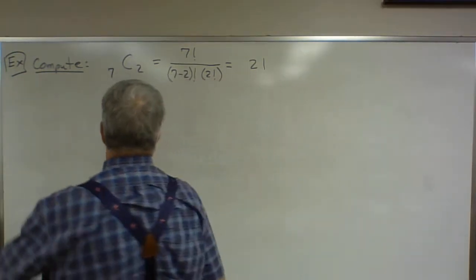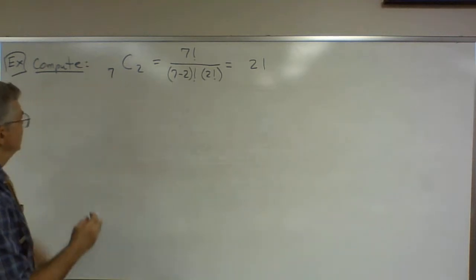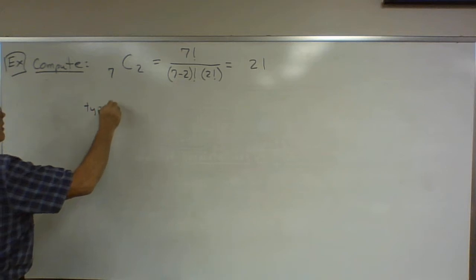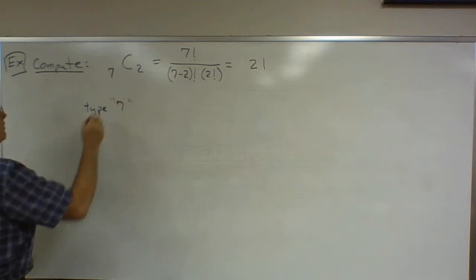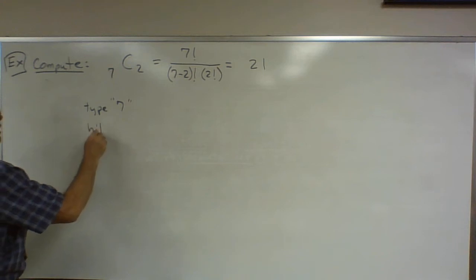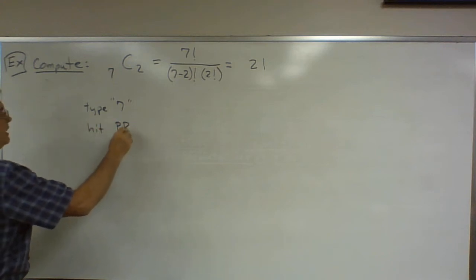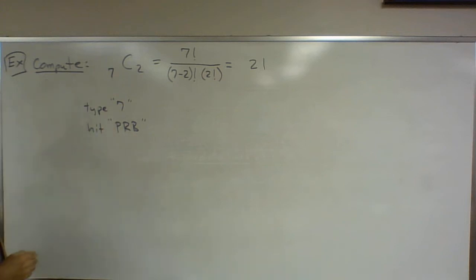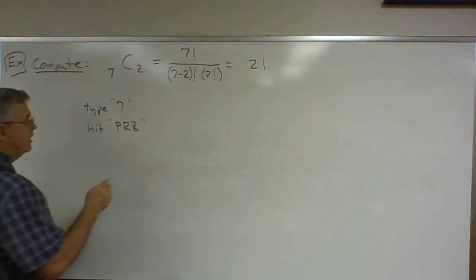So in order to do something like this, we type 7. And then we'd hit this key, the probability key on the calculator. And here's what we're going to see.